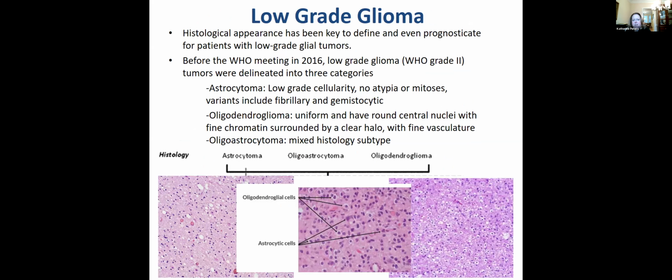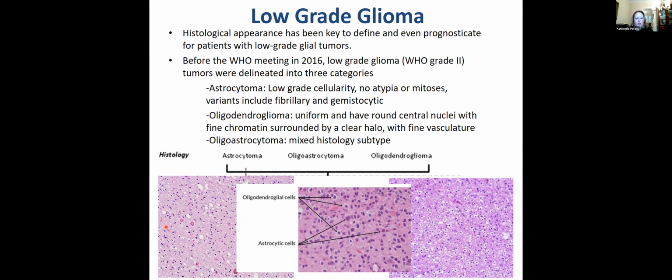So let's go back to the histology and the pathology and what it means. I already told you what a low-grade glioma means, but what helps guide our diagnosis is the World Health Organization, which we've heard a lot about during COVID, but which is also involved with defining and understanding cancers. Before 2016, really all we had was how we describe these tumors histologically.